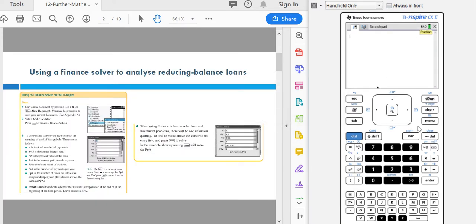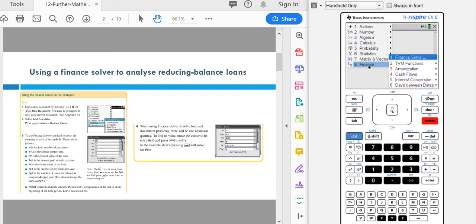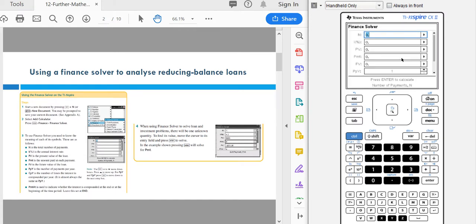When you've got your calculator on, click on Menu and go to number 8, which is Finance, and the first one there is Finance Solver. What you need to do is understand what these variables mean. N is the total number of payments. Then you've got I, that's your percentage interest rate.